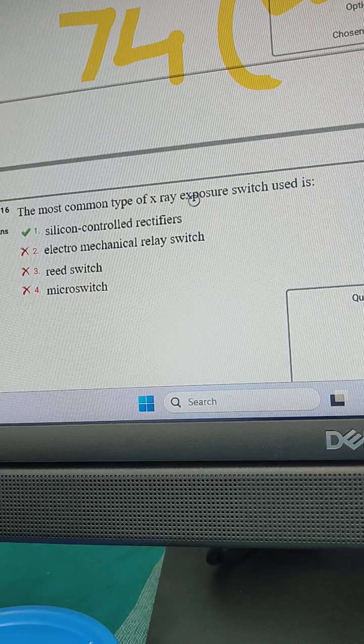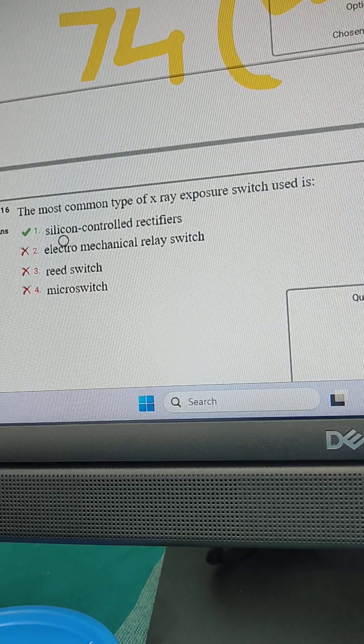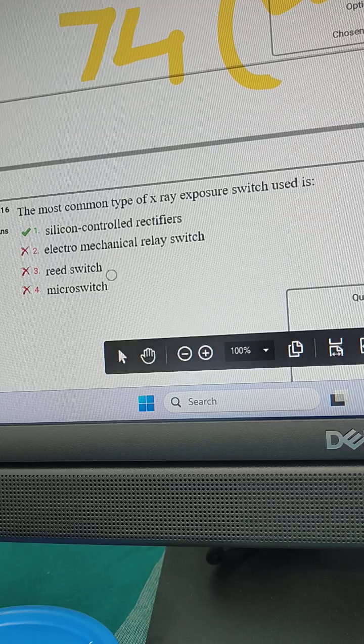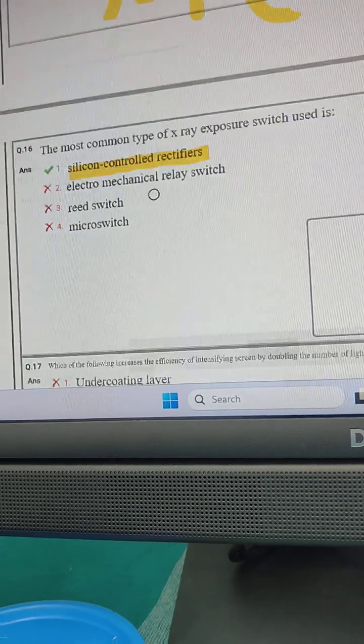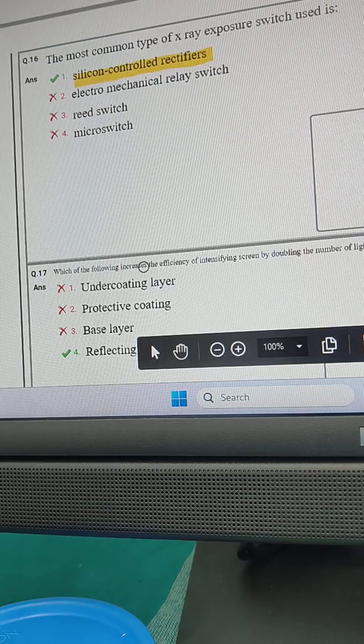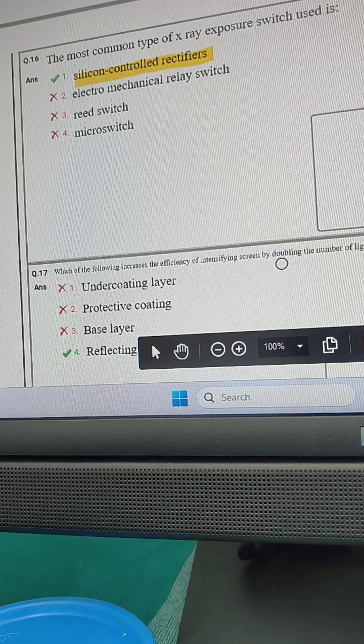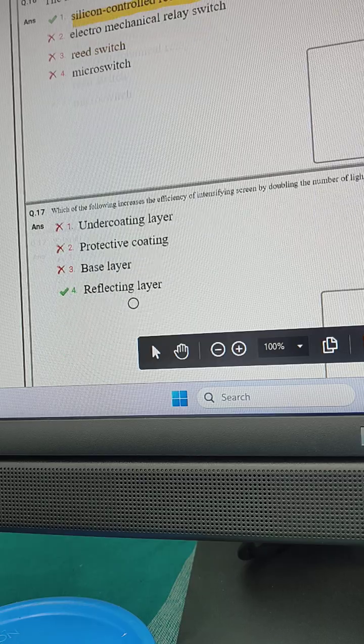The most common type of X-ray exposure switch used: silicon controlled rectifier, electromechanical relay switch, reed switch, micro switch. So silicon controlled rectifier is the correct answer. Which of the following increases the efficiency of an intensifying screen by doubling the number of light photons? The correct answer is reflecting layer.